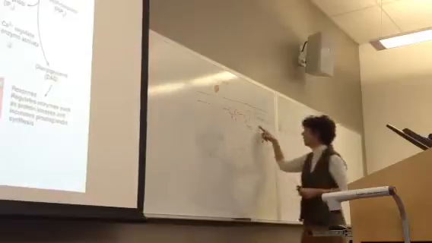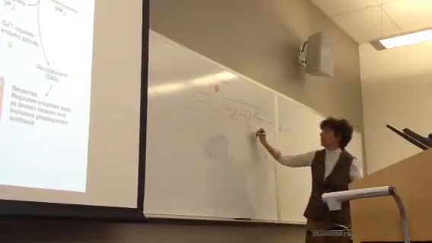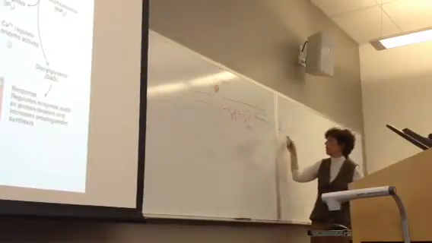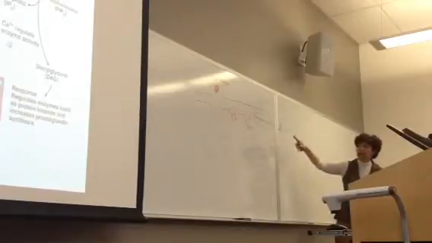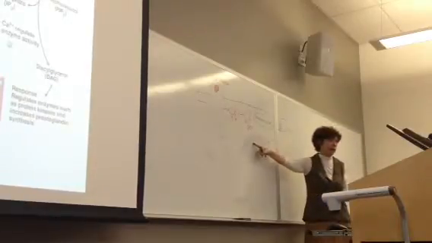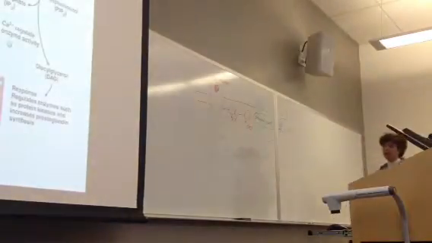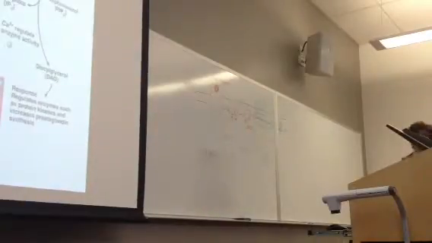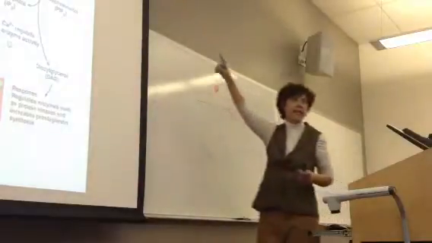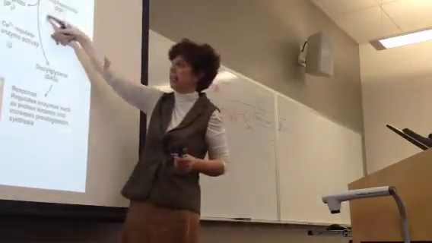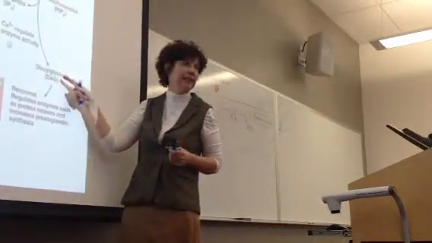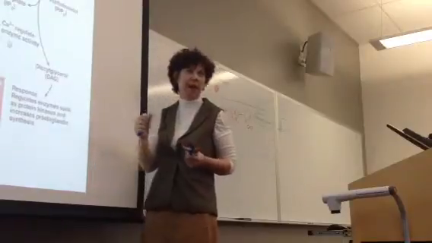So one molecule made from phosphatidylinositol is inositol triphosphate, okay, or IP3. The other molecule is diacylglycerol. And in this diagram, it looks like it's a free cytoplasmic response.